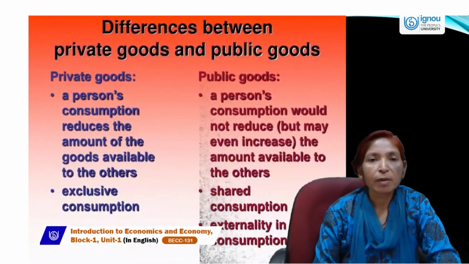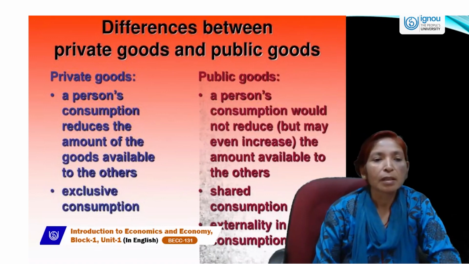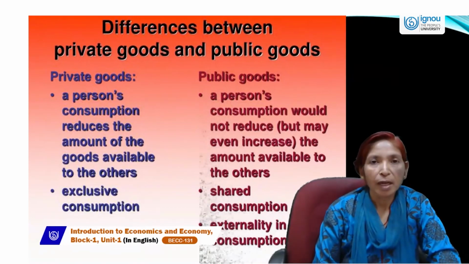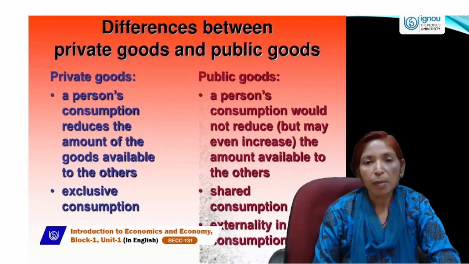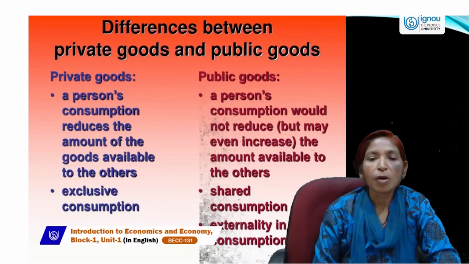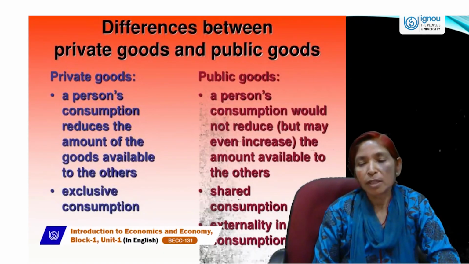Next is the difference between public goods and private goods. Private goods are those goods in which a person's consumption reduces the amount of the goods available to others, and they are always exclusively consumed. But public goods are those goods in which a person's consumption would not reduce the amount available to others, and they can be shared by all the country's people.